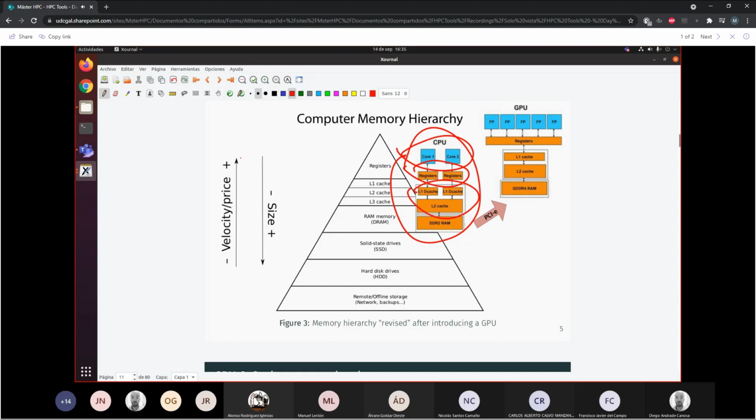ROM memory? Read-only memory, you mean? ROM is the acronym of read-only memory. But this is usually in the BIOS, for instance, something that you don't want to write. But RAM memory is random access memory.